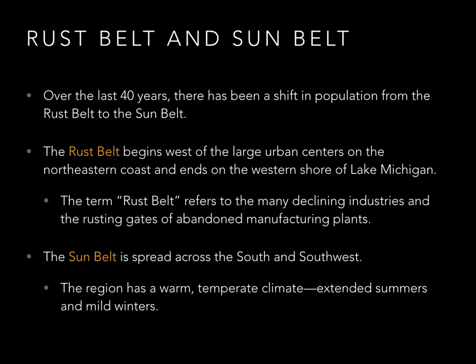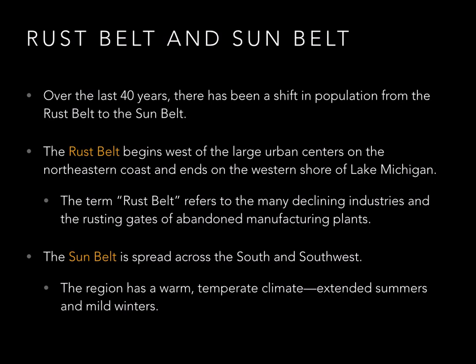Rust Belt and Sun Belt. Over the last 40 years, there's been a shift in population from the Rust Belt to the Sun Belt. The Rust Belt begins west of the large urban centers on the northeast coast, and it ends on the western shore of Lake Michigan, the Great Lakes.